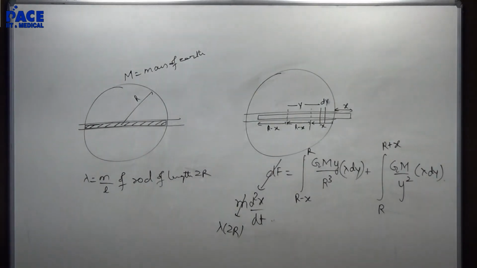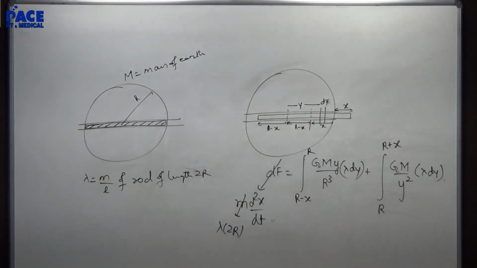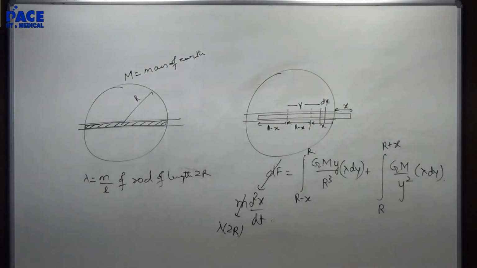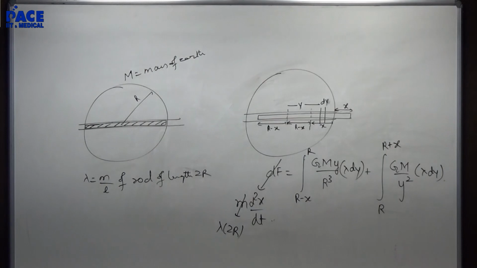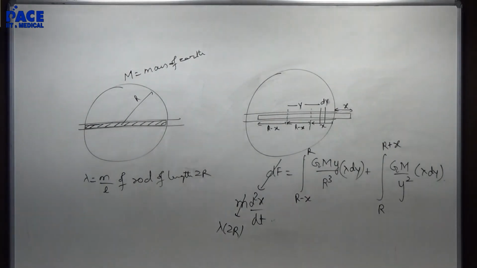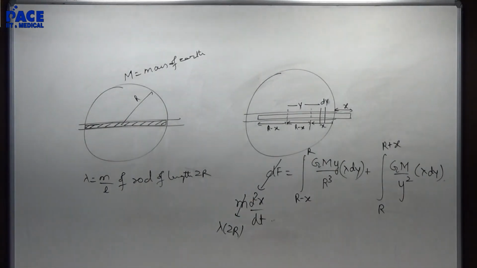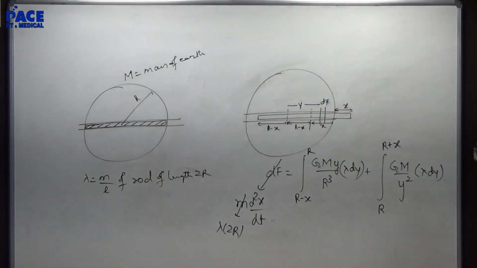Sir? Yeah. When we are integrating separately for the inner and outer part, the part which is on the boundary, are we calculating it twice? Because in the first integration the upper limit is r and in the second the lower limit is r. Actually we never have a problem with it.